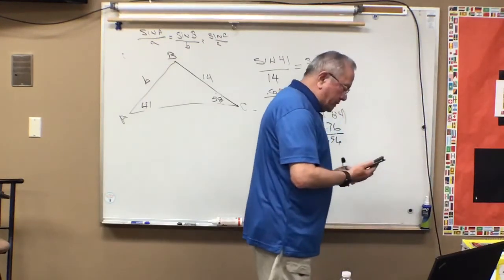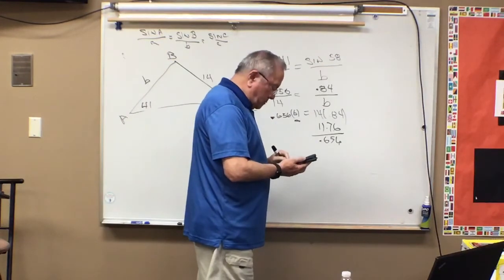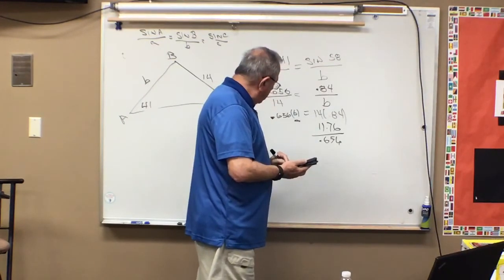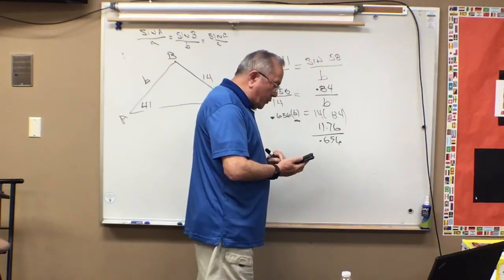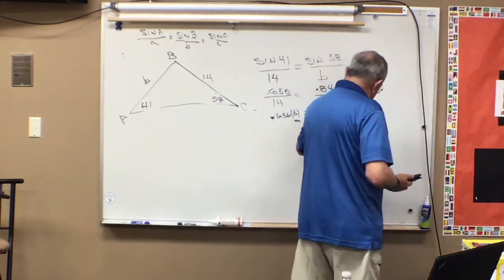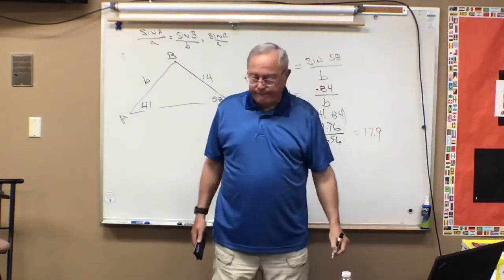So 11.76 divided by 0.656 equals 17.9. There you go. All right?